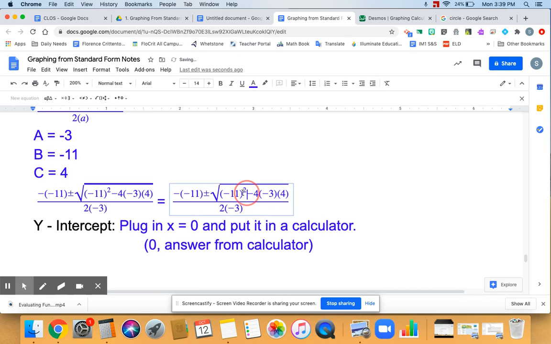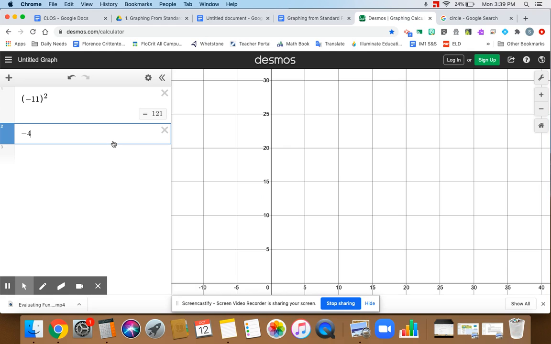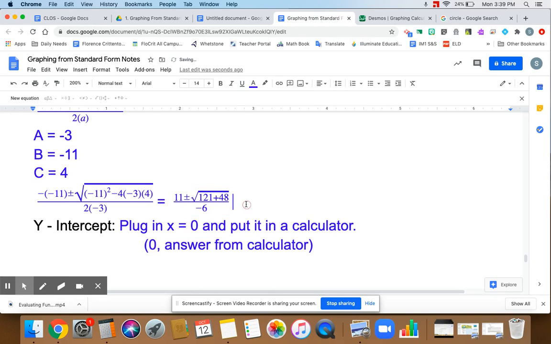So this -11 squared part can be deleted and become 121. The negative, negative in front will just become +11. Then -4 times -3 times +4 is 48, so I put a plus there. And on the bottom, 2 times -3 is -6.